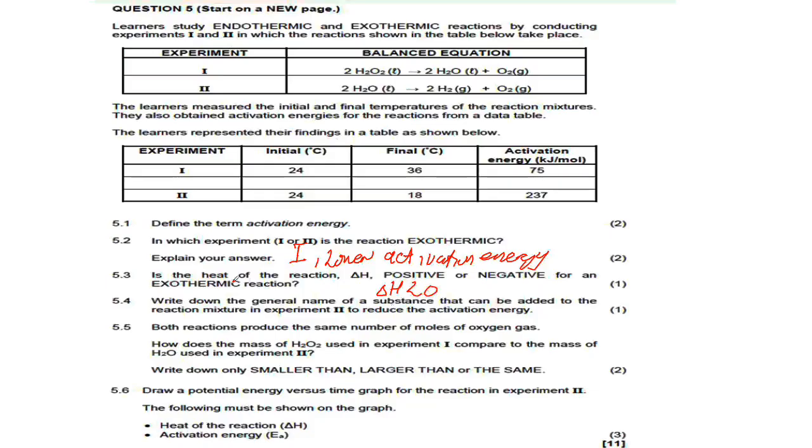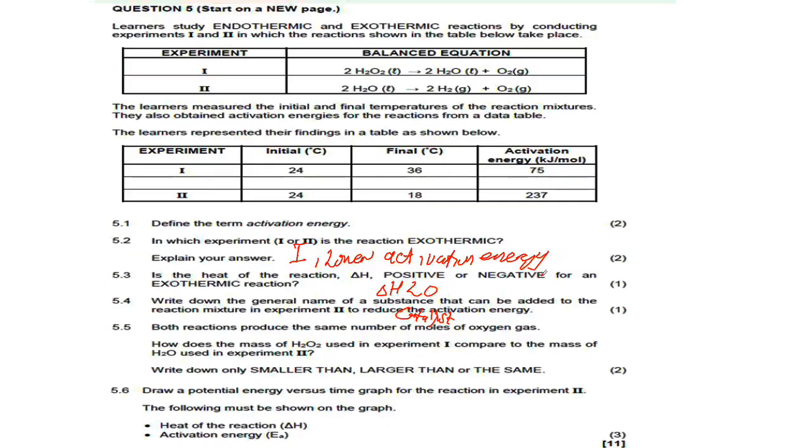Now they say write down the general name of a substance that can be added to the reaction mixture in experiment 2 to reduce the activation energy. It is definitely a catalyst, right? Then both reactions produce the same number of moles of oxygen gas. How does the mass of H2O2 used in experiment 1 compare to the mass of H2O used in experiment 2?